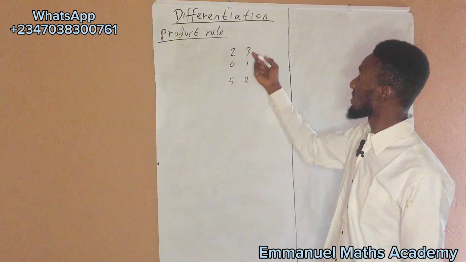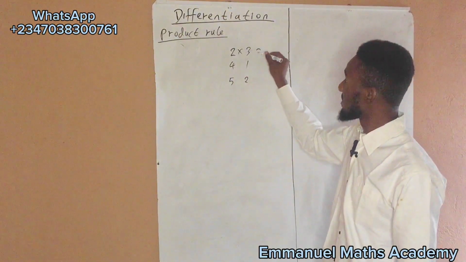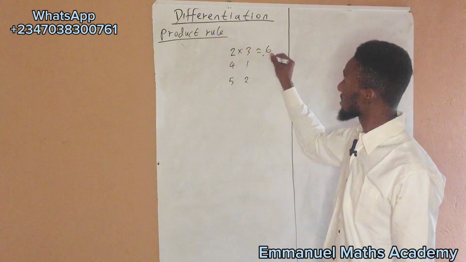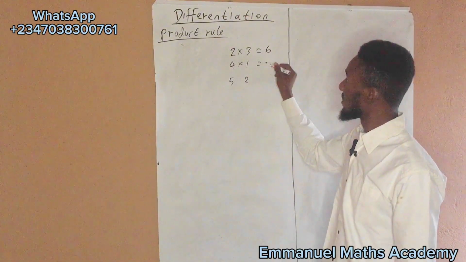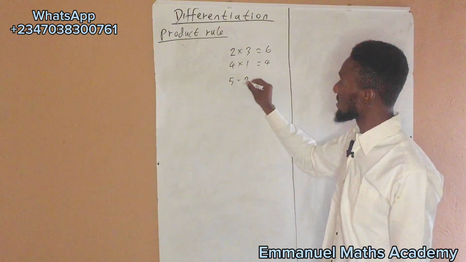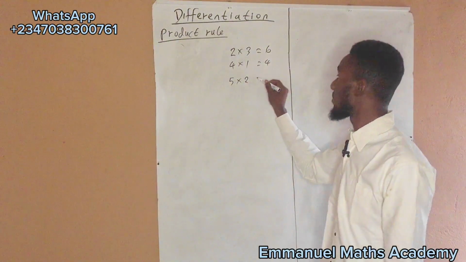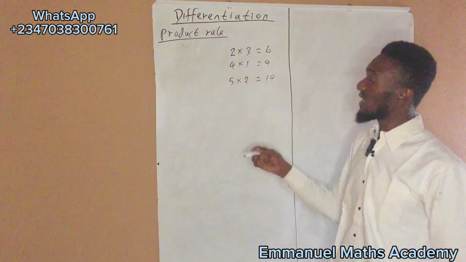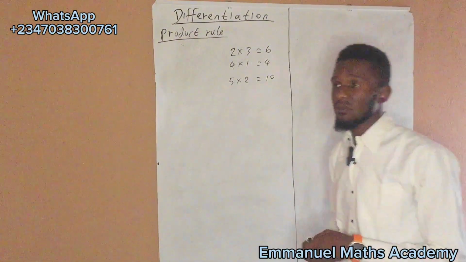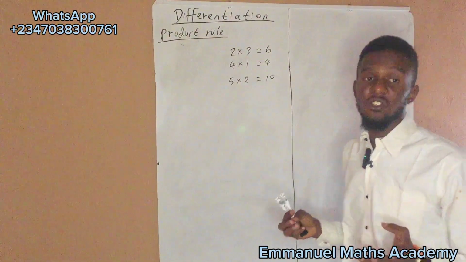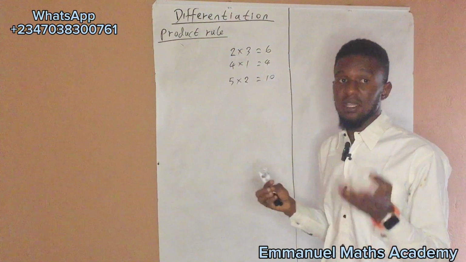The multiplication of these two. Multiply this by this to get 6. The product of 4 times 1 gives you 4. The product of 5 times 2 gives you 10.